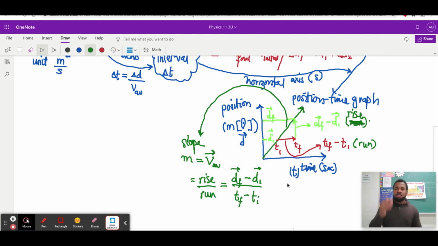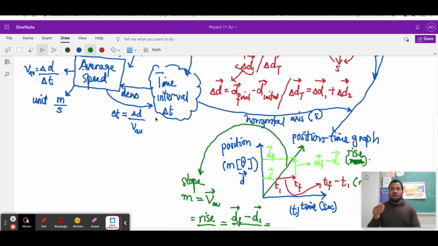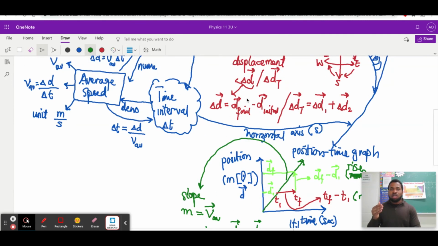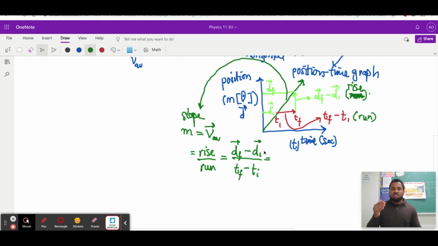And so therefore, we are able to re-express our final position minus our initial position in terms of what we have over here, which is expressed as our displacement, which is a change in our position. And so therefore, this is equal to our change in position divided by our change in time.